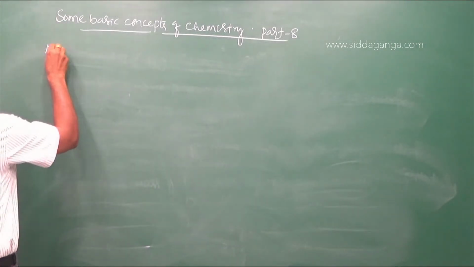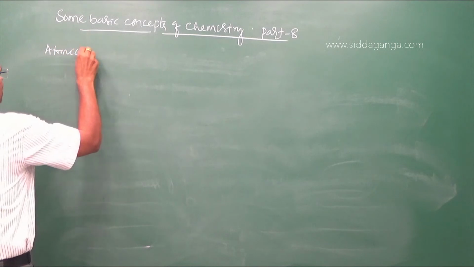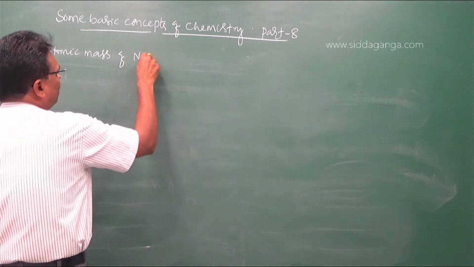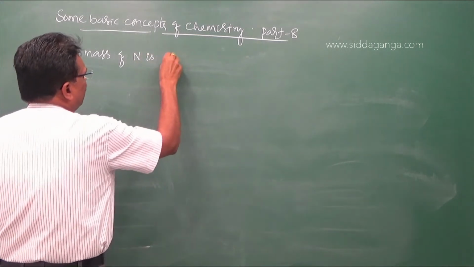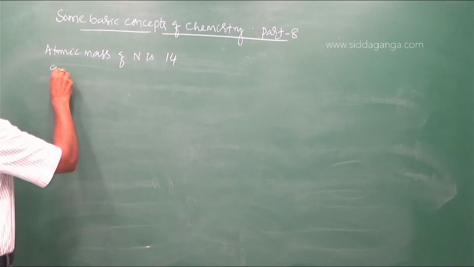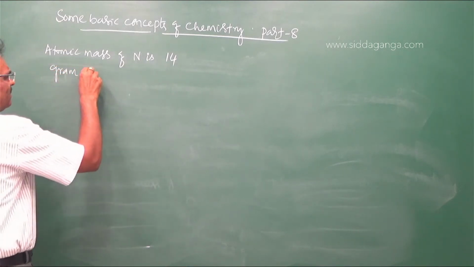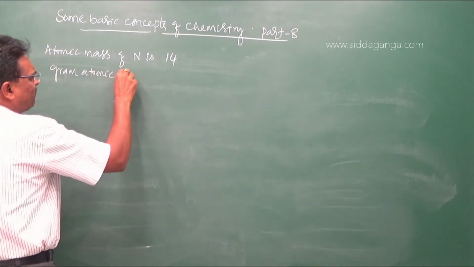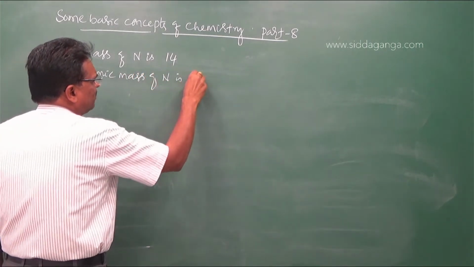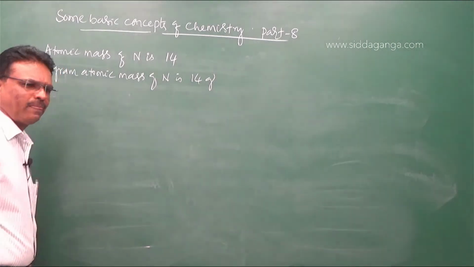So atomic mass of nitrogen is 14. Gram atomic mass of nitrogen is 14 gram.